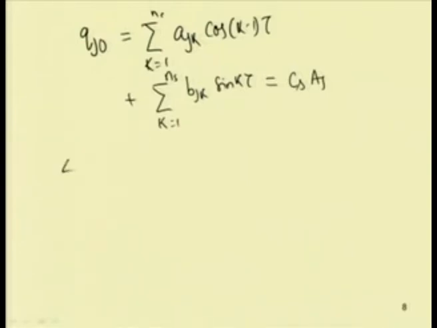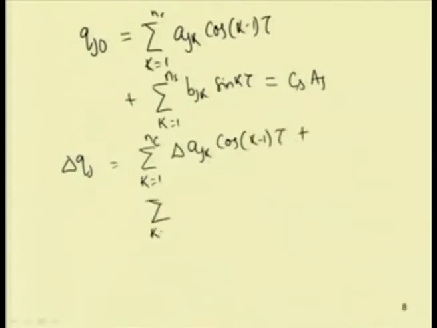Similarly, delta q j can be written in the same way: the sum over k equal to 1 to n c of delta a j k cos of k minus 1 tau, plus the sum over k equal to 1 to n s of delta b j k sin k tau. This can similarly be written using C s into delta A j.